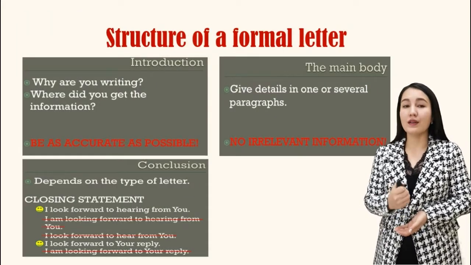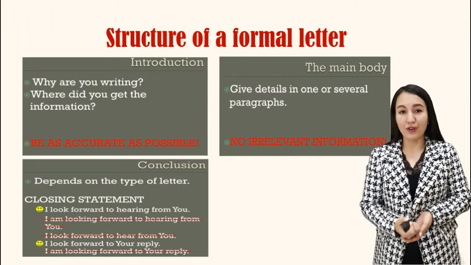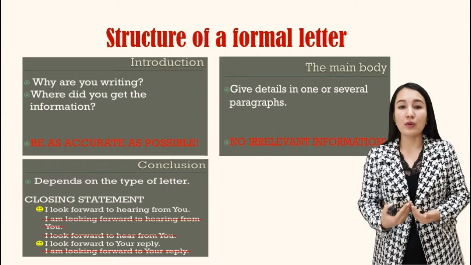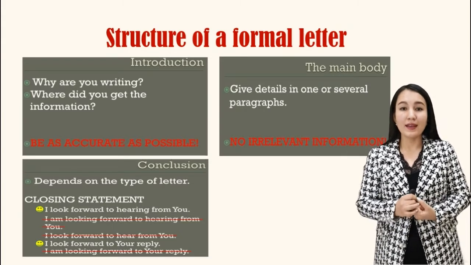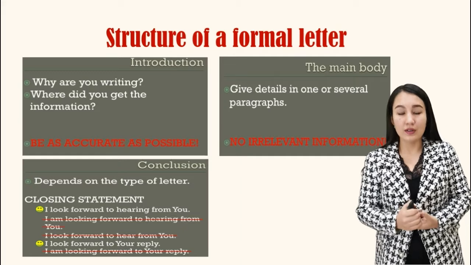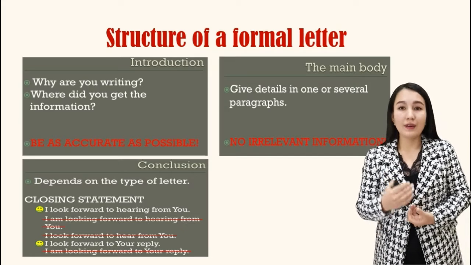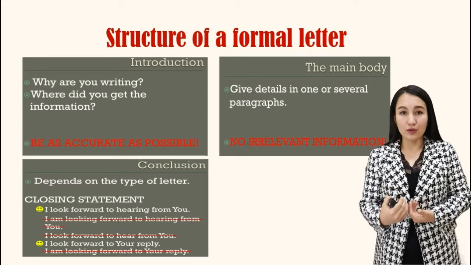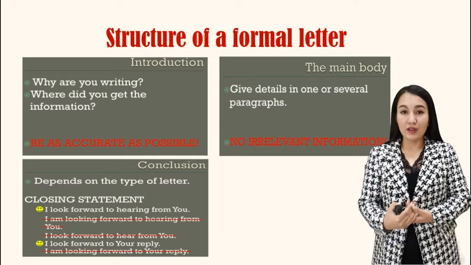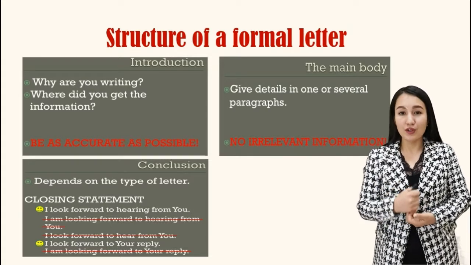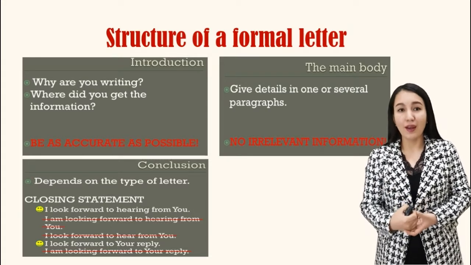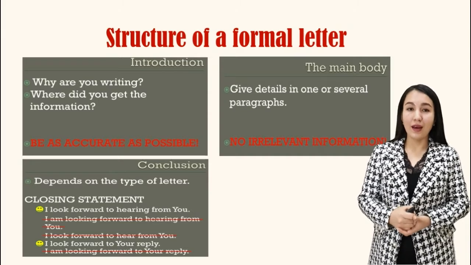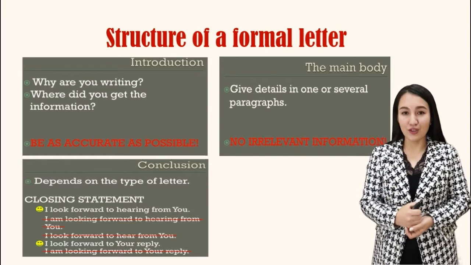On the next slide, you can see the structure of a formal letter. The main part divides into three parts: introduction, body, and conclusion. In the introduction, if you answer these two questions, your introduction is ready: why are you writing, and where did you get the information?